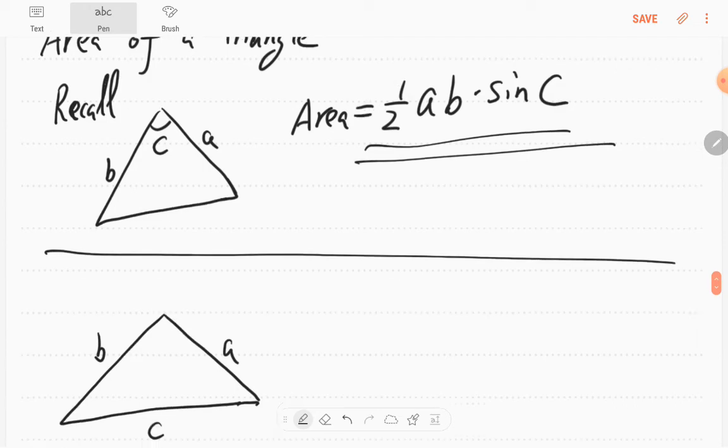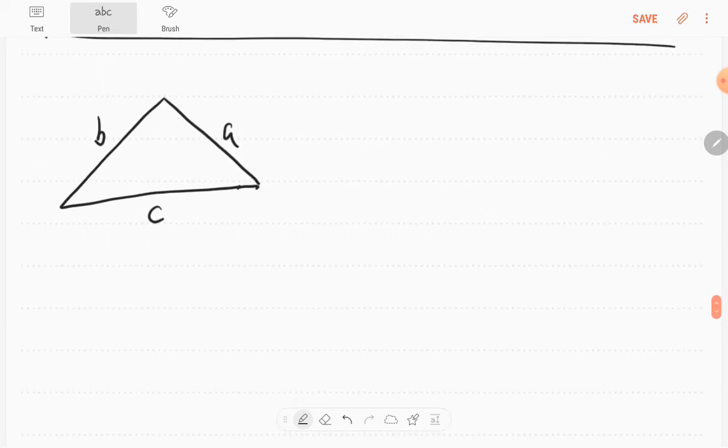However, here is another way. We know three sides, so we can use the following formula to get the area, which is called Heron's area formula.